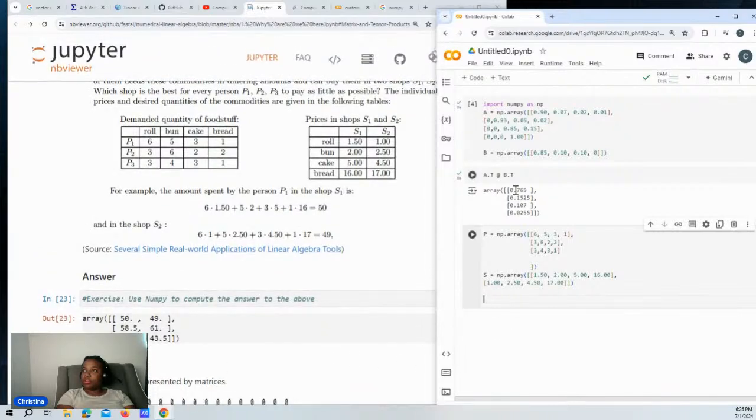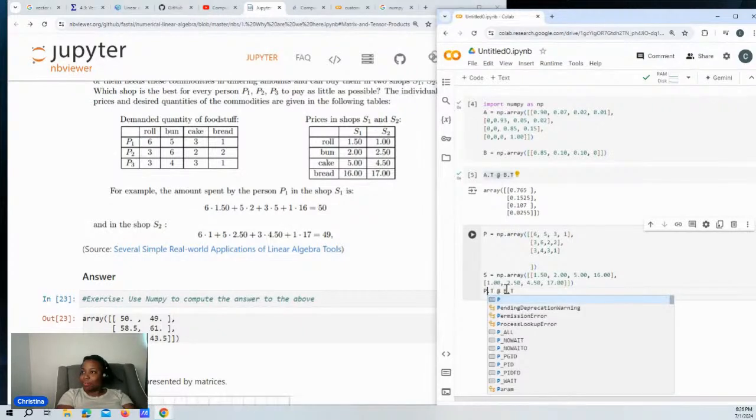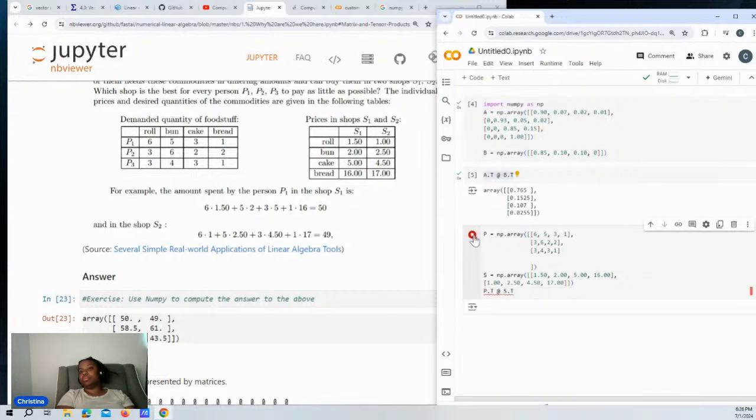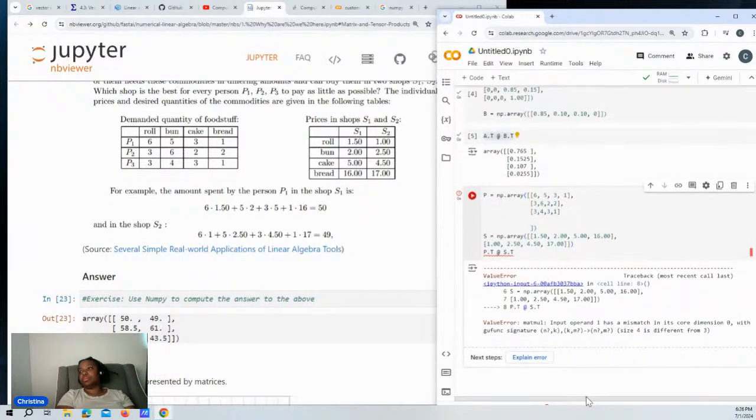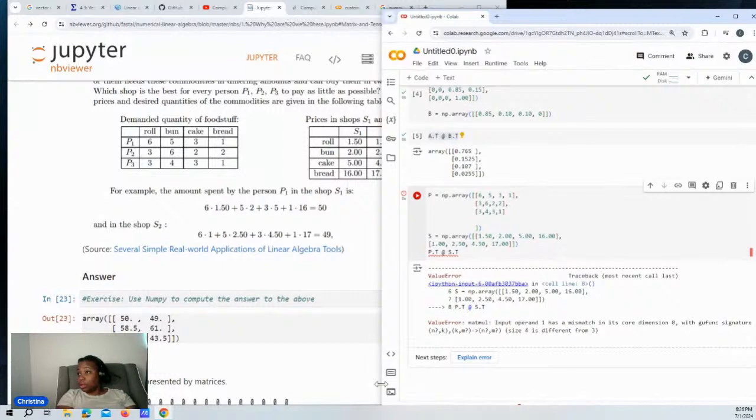And let's see if this works. I might have accidentally transposed it when I typed it. Let's see. Input operand 1 has a mismatch in its core dimension.